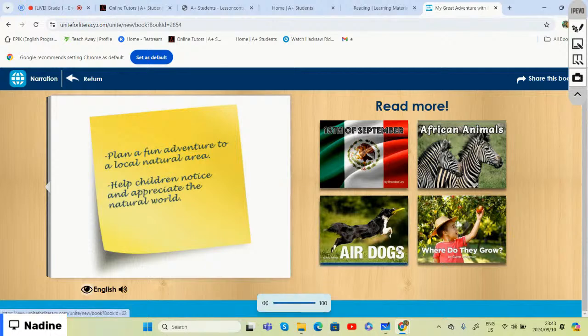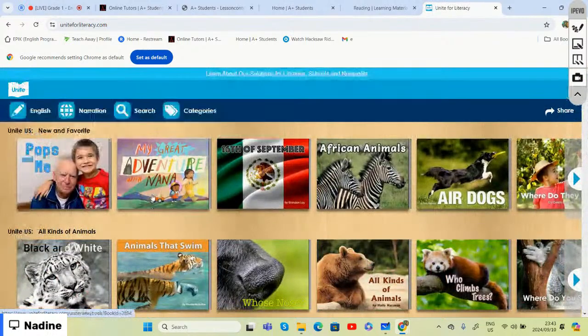All right. So that is basically one of our books, My Great Adventure. If we look at the naming parts and the action parts that we identified within that book, then Nana and the other things and people mentioned within that book were naming parts.